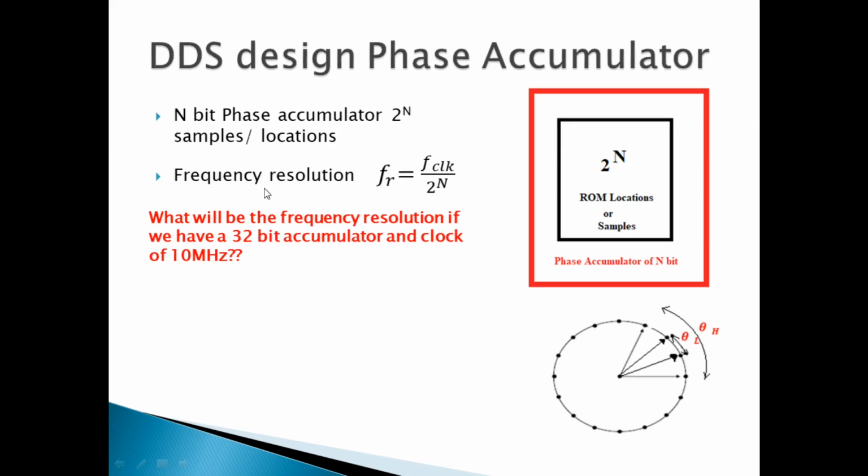There is a problem in the book by Jack Smith. What will be the frequency resolution if we have a 32-bit accumulator and a clock of 10 megahertz? If you put in 10 megahertz over 2 raised to 32, the answer you get is 2.33 millihertz.